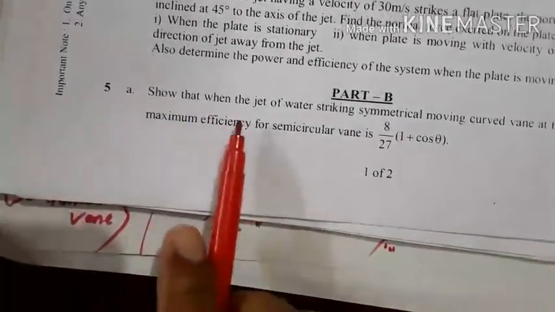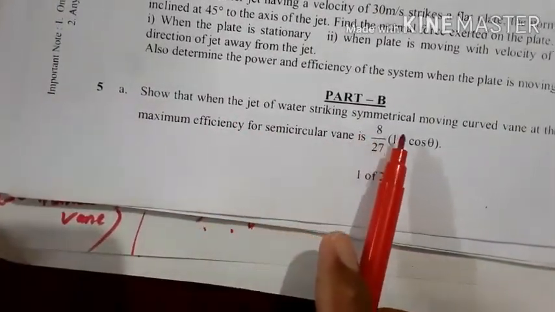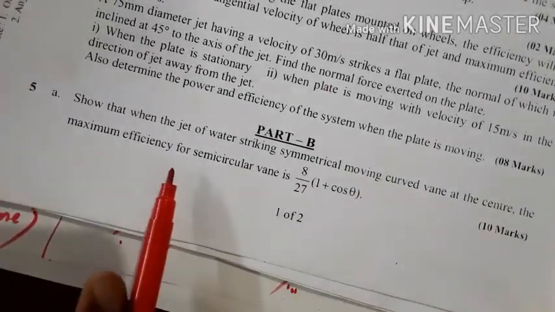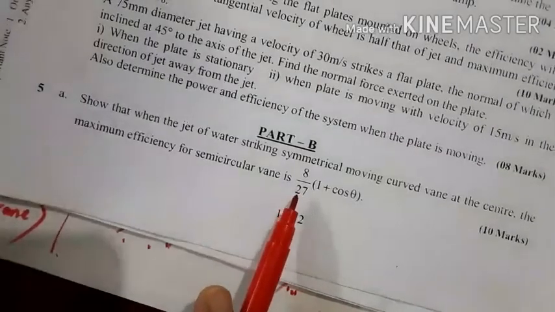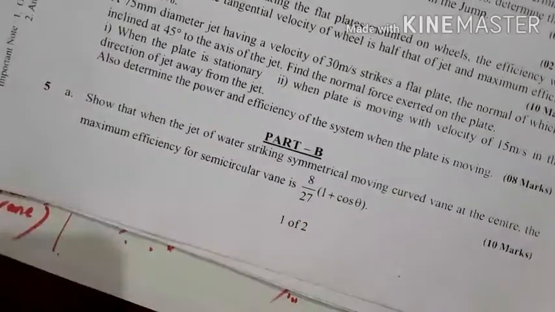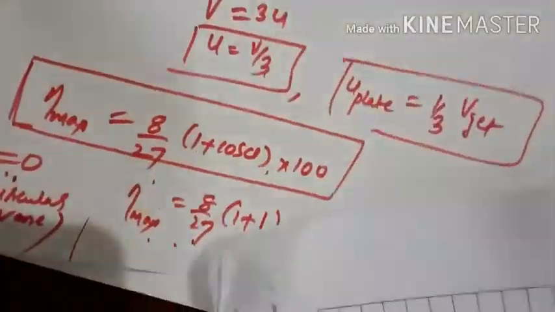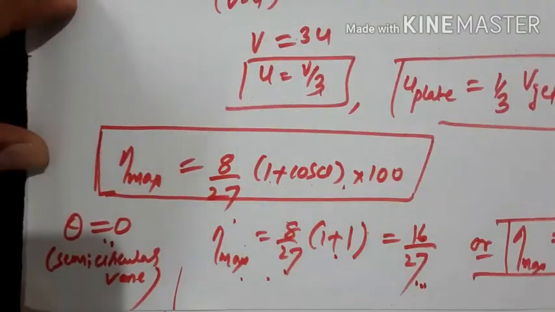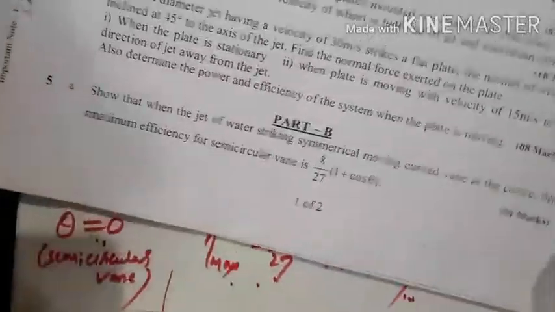So here I can show you the question. You can see the question here in the exam. Show that when a jet of water strikes a symmetrical moving curved vane at the center, the maximum efficiency for a semicircular vane is 8 by 27 (1 plus cos theta). Okay, so this is the derivation.